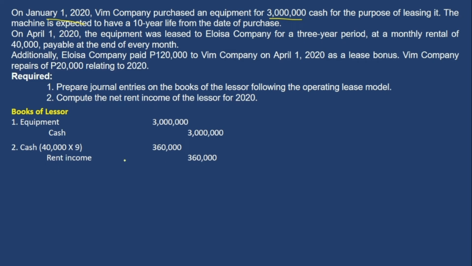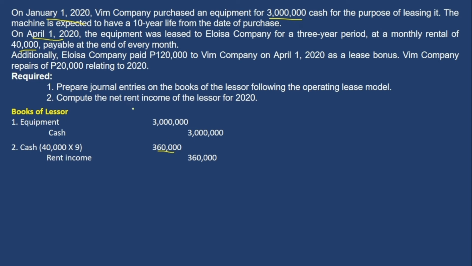Why 360,000? The monthly rent is 40,000 times 9 months, from April 1 to December 31, 2020. So, 40,000 times 9 equals 360,000.